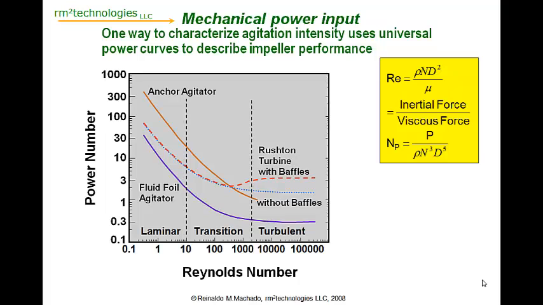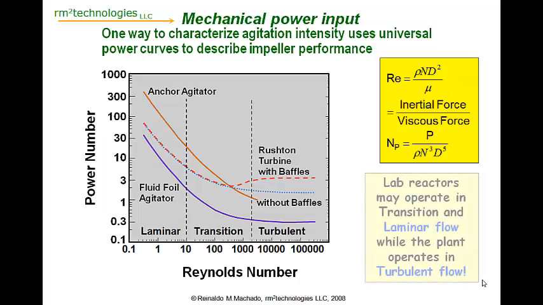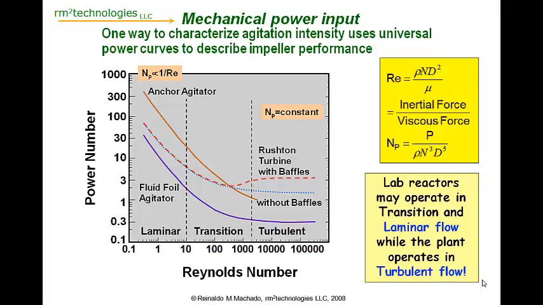The Reynolds number is a measure of the inertial force versus the viscous force in the system, and is given by rho N D squared divided by the viscosity of the solution. At very low Reynolds number, we have laminar flow, and there the power number is inverse to the Reynolds number, whereas at high Reynolds numbers, the power number is constant for that given system. Given these master curves, we are now able to calculate how much power is being added to the fluid.